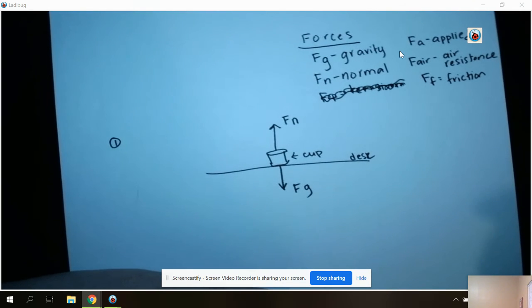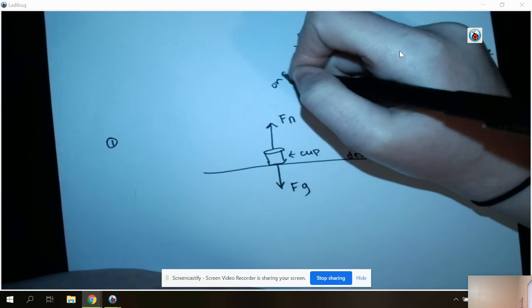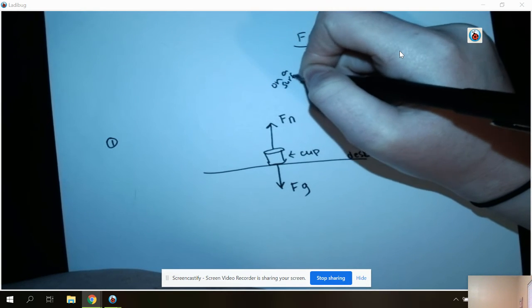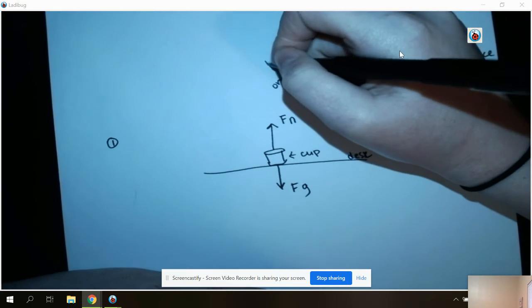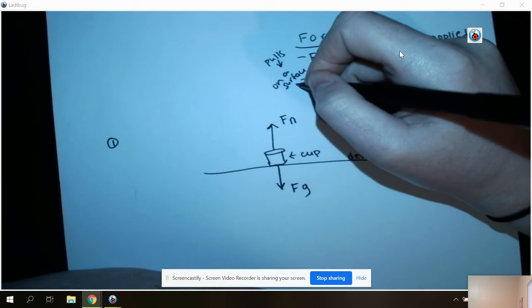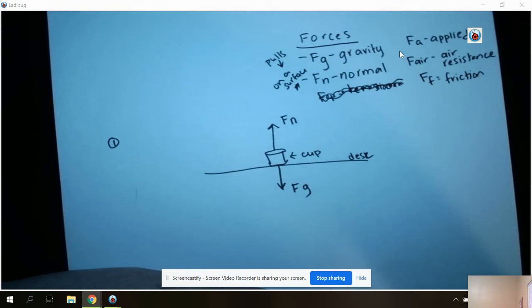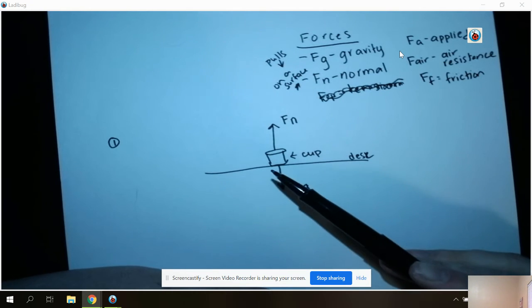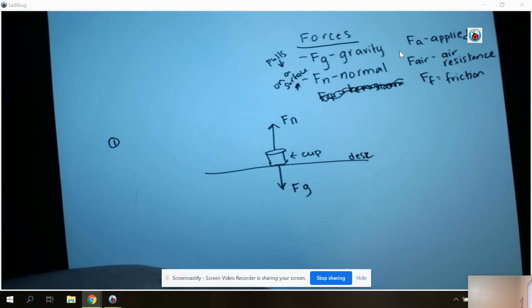Normal force is the force that is exerted by a surface. F of G pulls down. F of N goes upward. Surfaces point upward. Now, this cup is not moving, right? So this is all I have to write in my drawing.